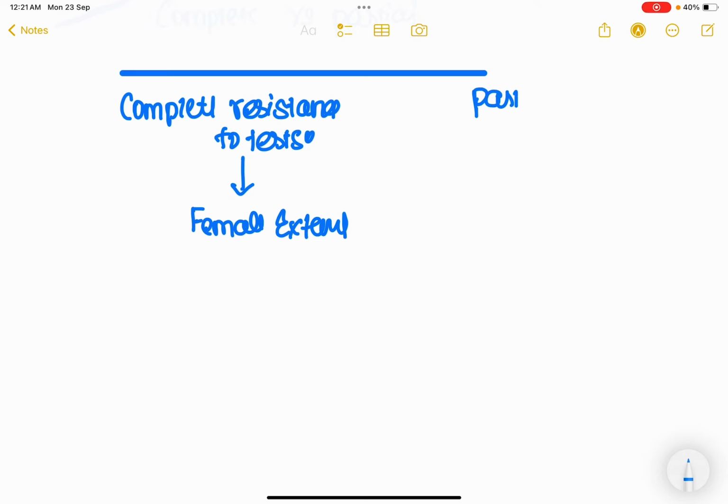But in partial, there is partial resistance to the testosterone. Since there is partial resistance to testosterone, therefore the external genitalia will be an ambiguous external genitalia.